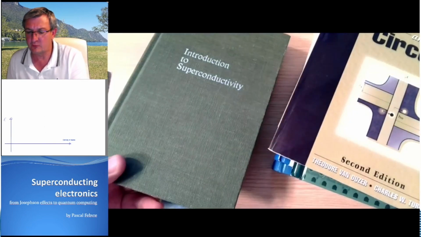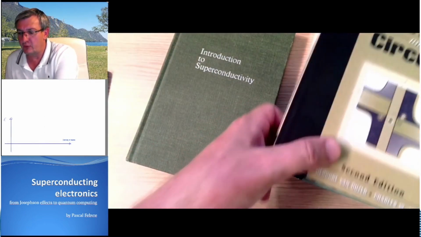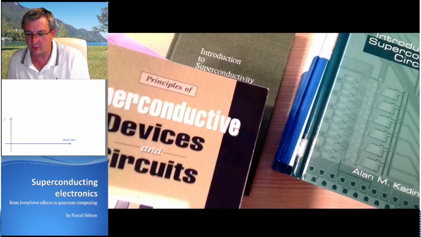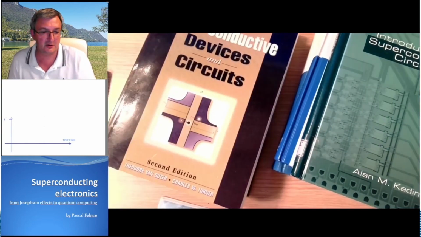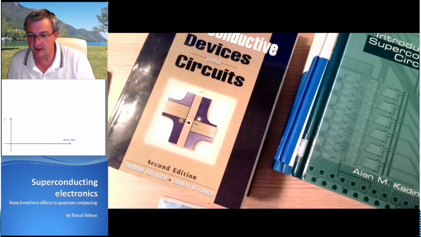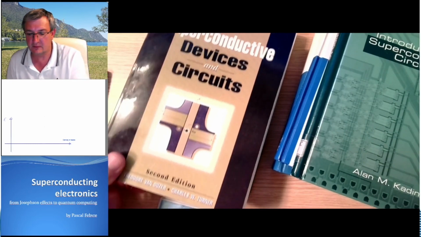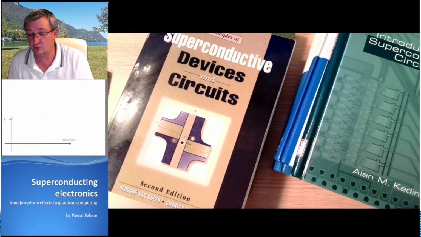So that's one of the books. Another one is really focused on electronics. This is the one by Theodore Van Duzer and Turner, called Superconductive Devices and Circuits, which I would really warmly recommend. There are two other books which are very important.